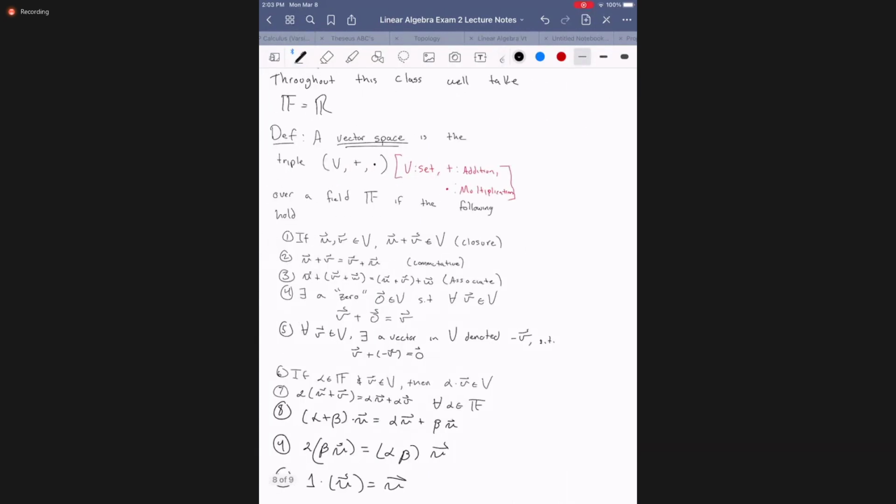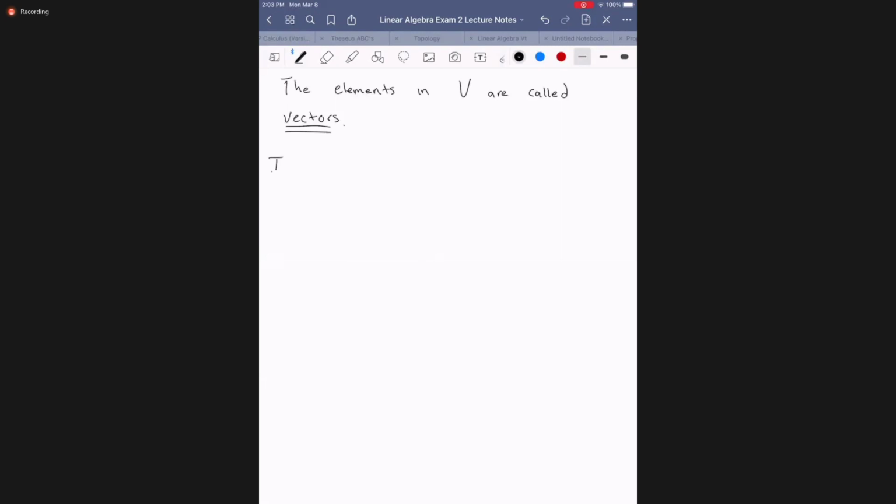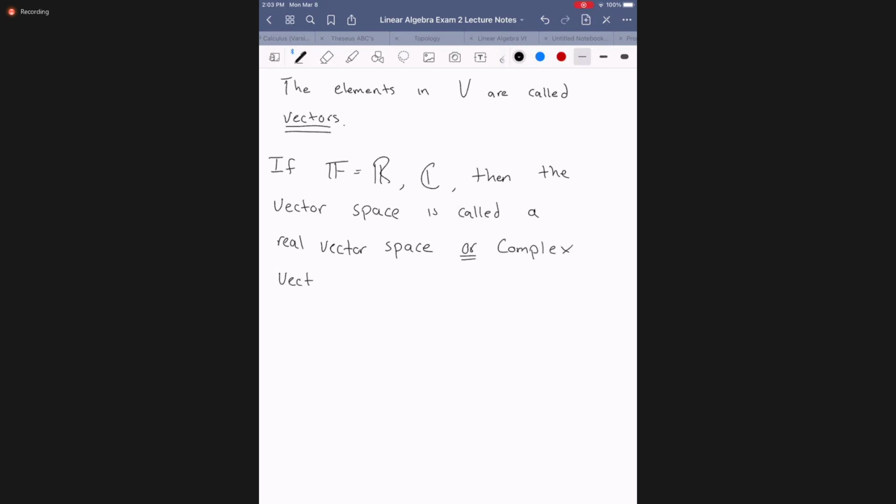If you look at this definition here, you see how I say a vector space is a triple over a field F. So if your field F is equal to either R or the complex numbers, then the vector space is called a real vector space, or complex vector space, respectively.